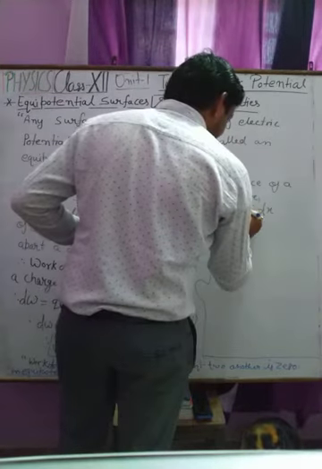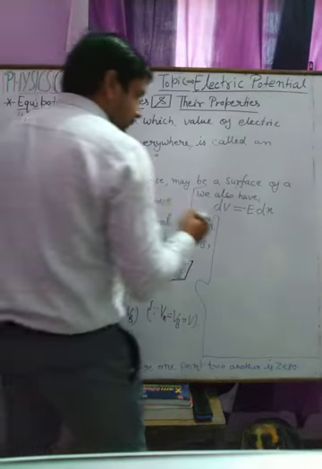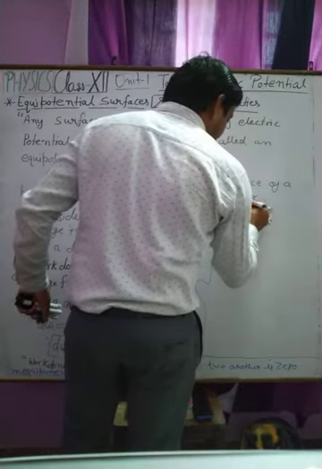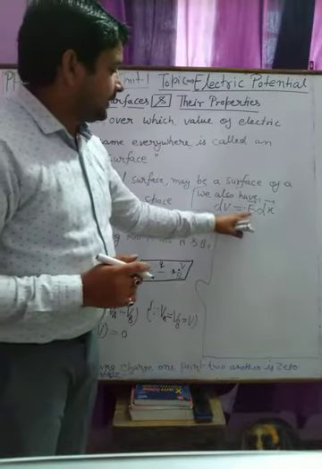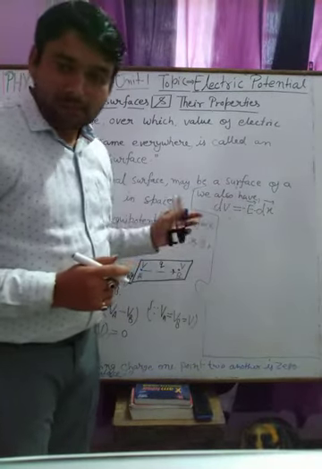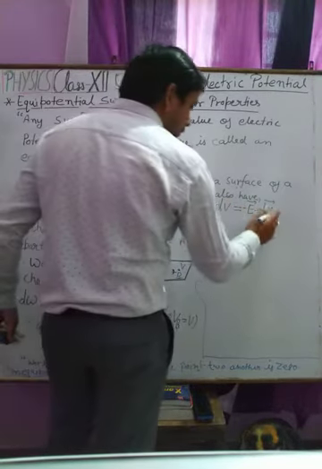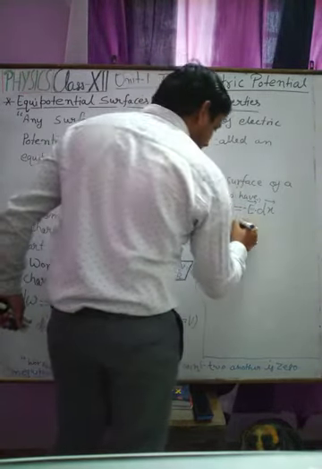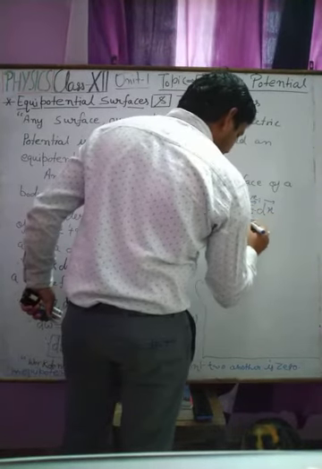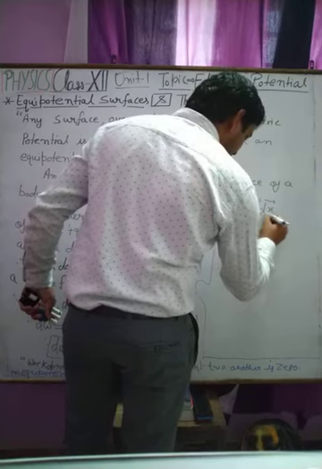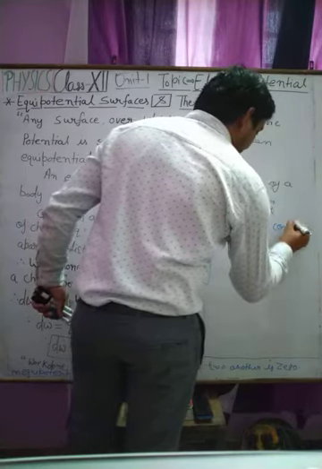Now we take this as negative E dx. Now potential is a scalar quantity, electric field is a vector quantity, and distance moving against the force is also a vector quantity. So when we take this as a dot product, it is E dx cos theta.